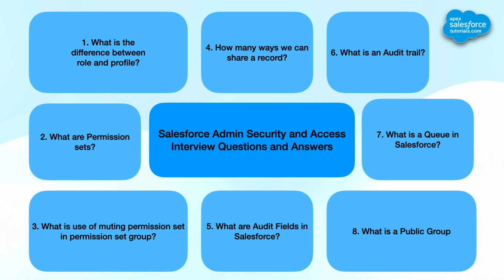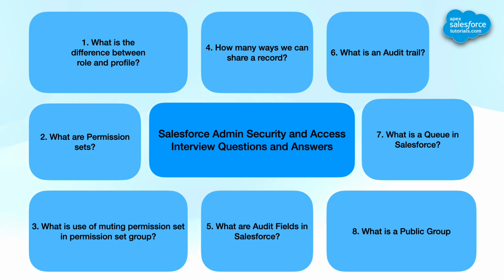OWD, organization-wide defaults, sets the baseline level of access for all records in the organization. Settings include private, public read only, and public read/write. Example steps: go to Setup, Security Controls, Sharing Settings, Edit.